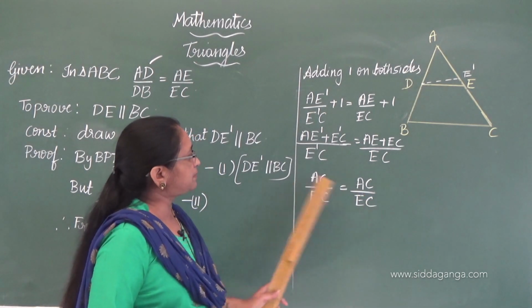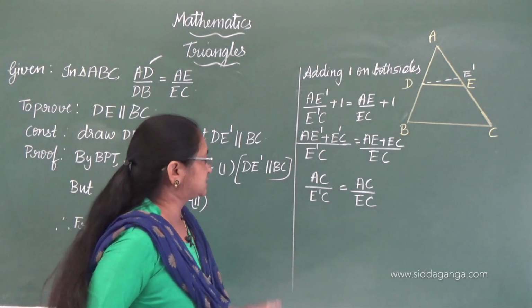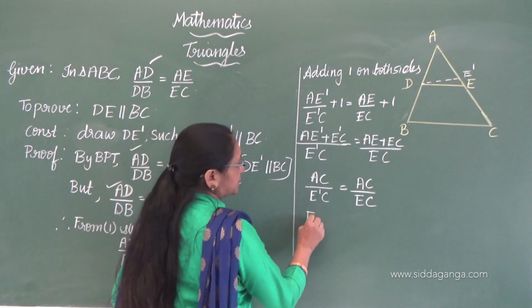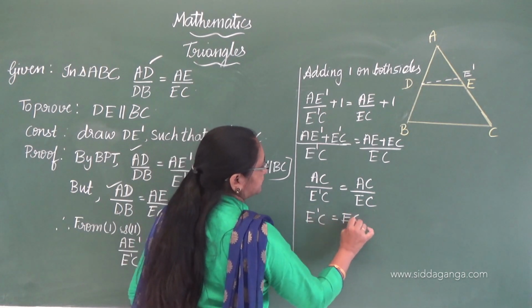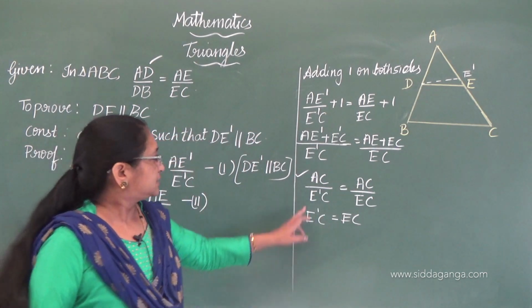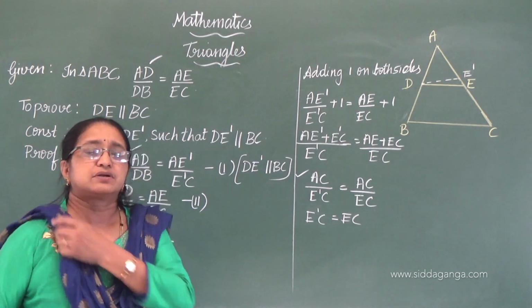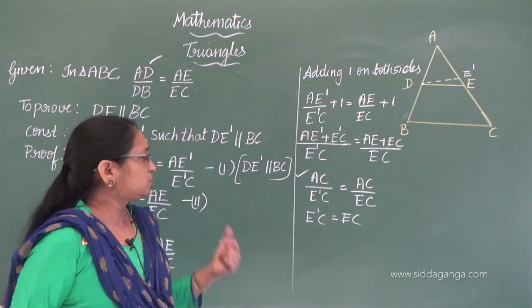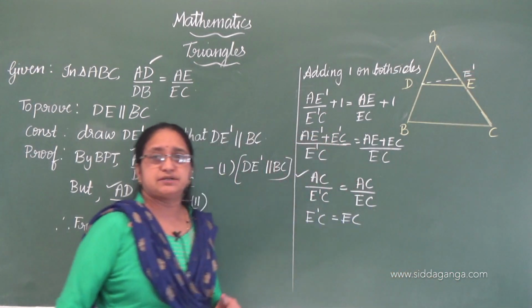So, this can happen only when, please listen carefully now, very important step, E dash C is equal to EC. This will be true only when E dash C is equal to EC. That can happen only when E dash and E coincide.